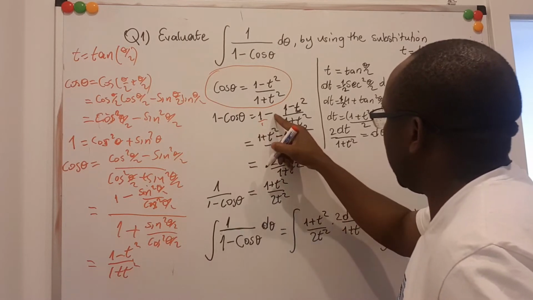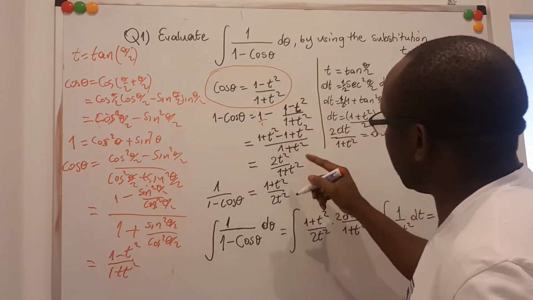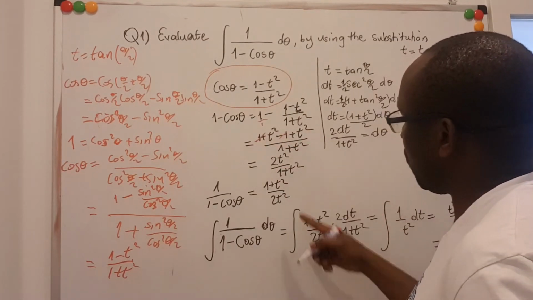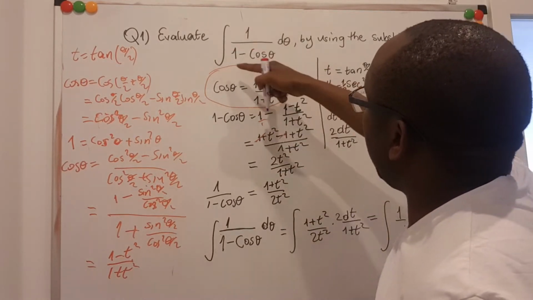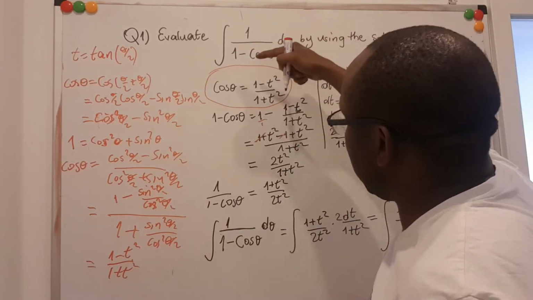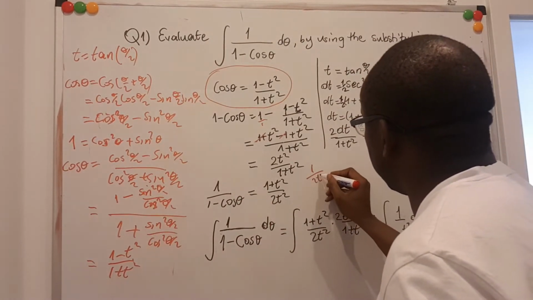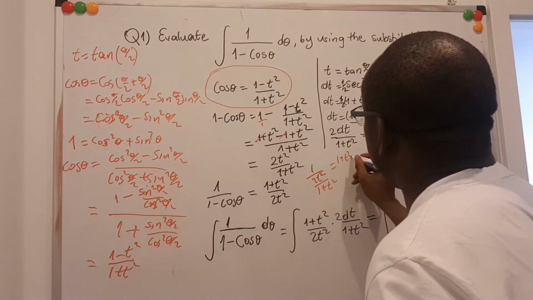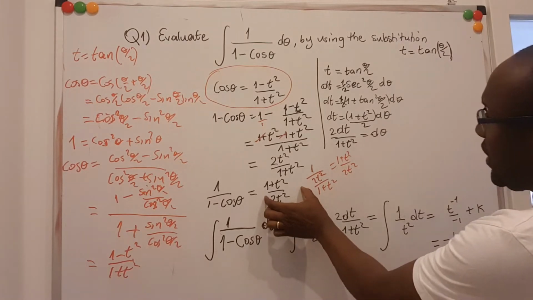The minus becomes minus 1 and changes this to plus, so the minus goes away, and I get 2t squared divided by 1 plus t squared. The function that I have to integrate is 1 divided by that. If I take 1 all over 2t squared on 1 plus t squared, this is equal to 1 plus t squared divided by 2t squared.